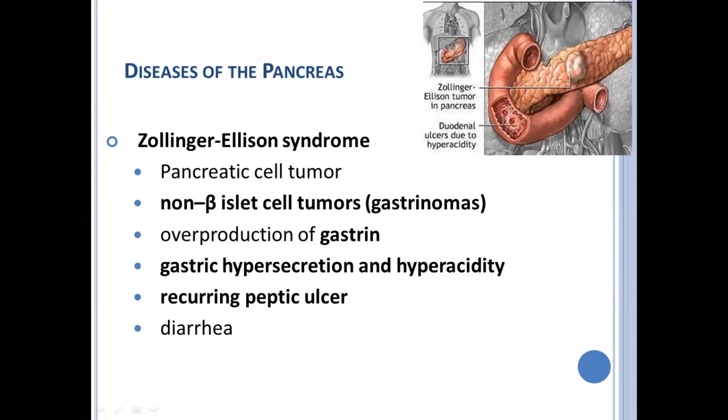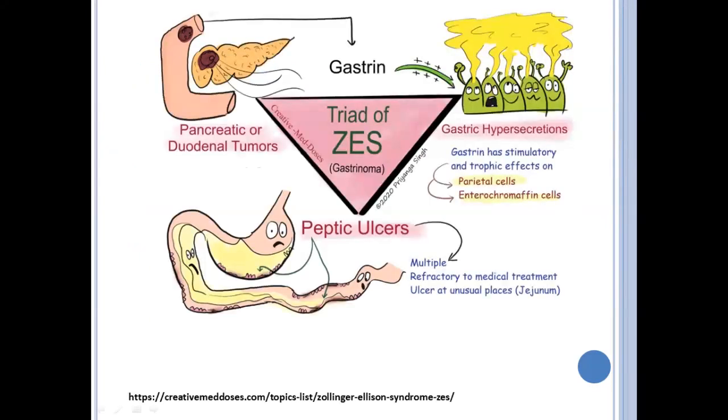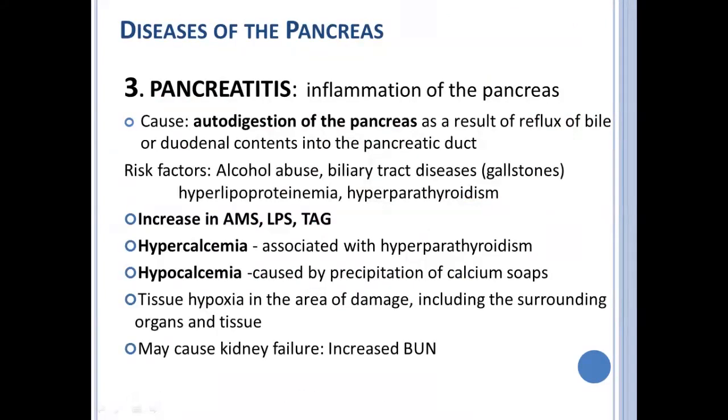And this is also associated with diarrhea. So the triad of the Zollinger-Ellison: may tumor, may ulcers, and merong gastric hypersecretion. So yan yung tatlong very important signs and symptoms ng pasyente.